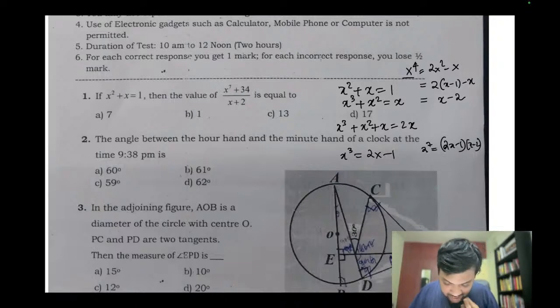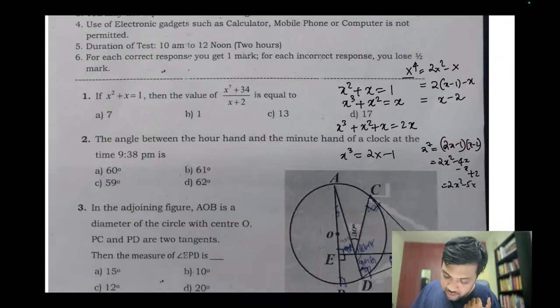Okay, and if you do this, you will get 2x square minus 4x minus x plus 2. So you'll get 2x square minus 5x plus 2.